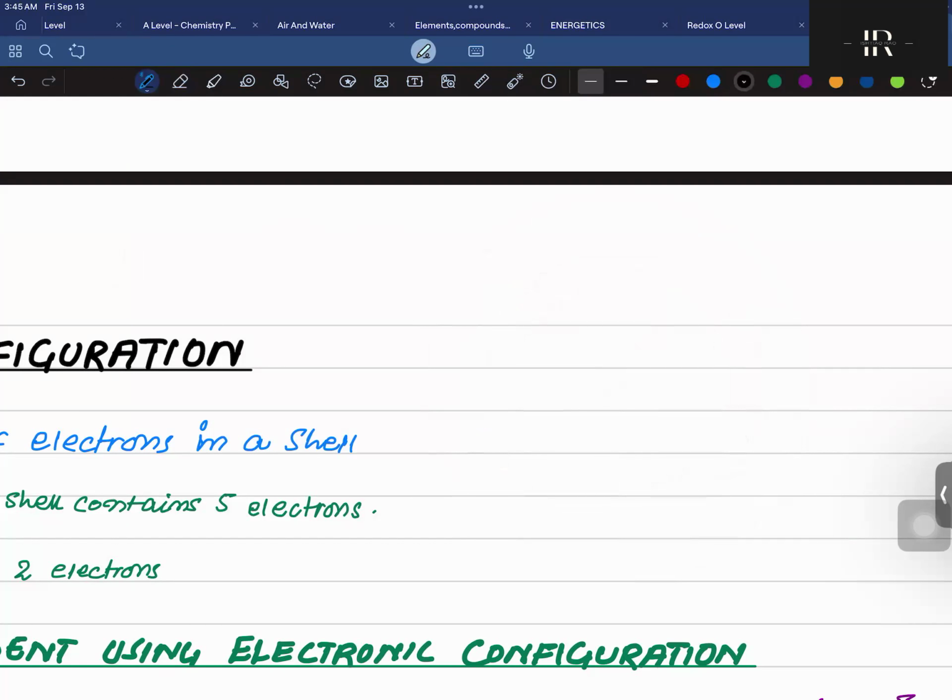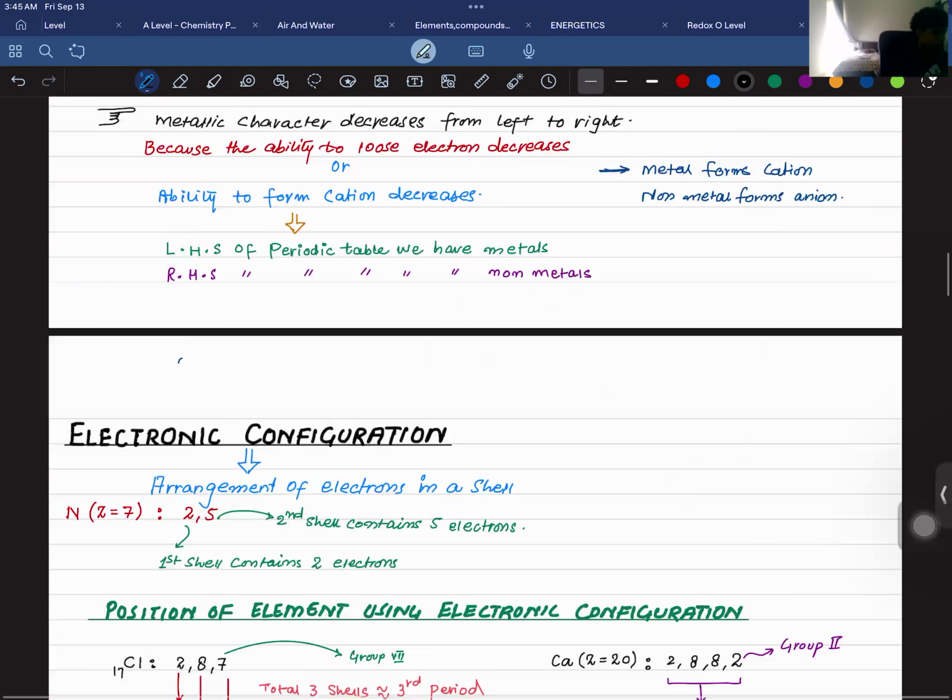So this is also the advantage of electronic structure, that after counting the total shells, after having the outer electrons, the valence electrons, then you would be able to tell the group number and the period number. Are you getting my point?